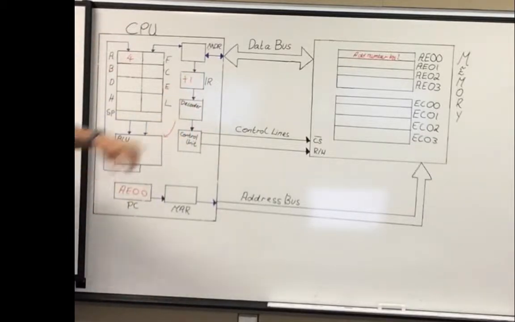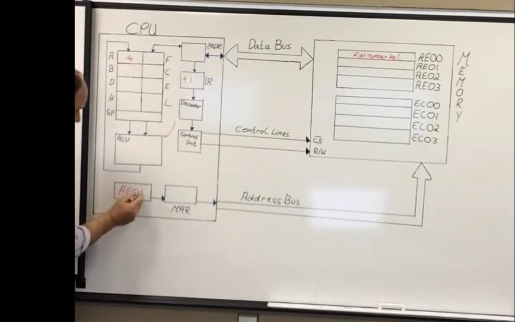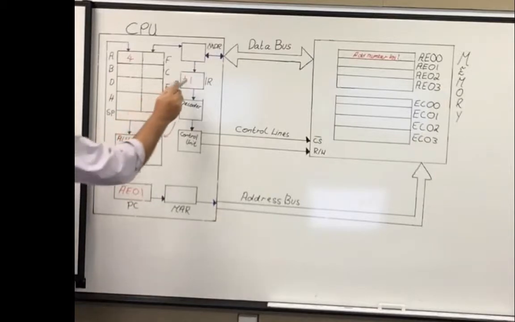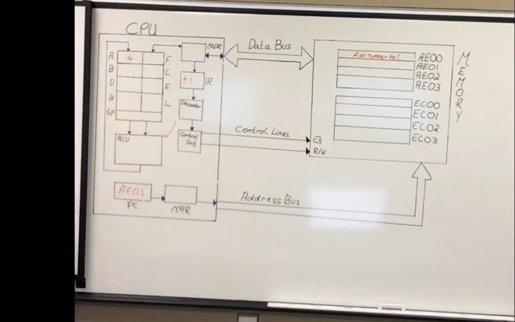Once the instruction is put into the instruction register, the program counter is going to then add 1 to the next address, so it's going to point to the next memory location. Once the instruction is in the instruction register, that is the end of step 1, fetch the instruction.